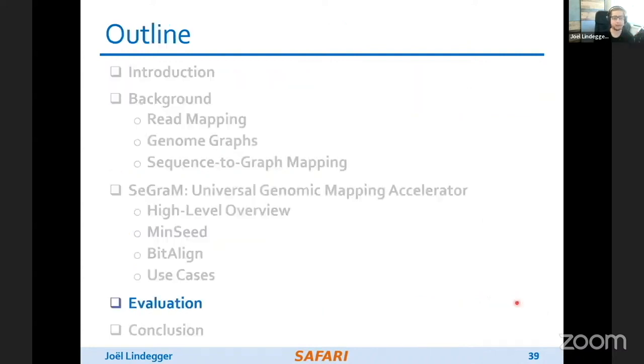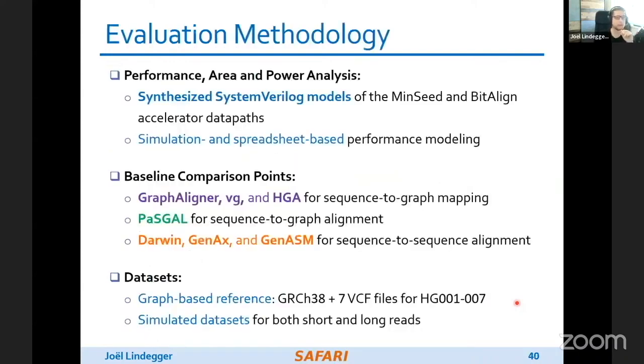Yeah, we evaluate all those use cases in depth. I will go into a subset of these right now. But essentially, we implement the entire design in SystemVerilog, and then it's a combination of synthesizing, simulating scratchpads, and then spreadsheets for throughput numbers.